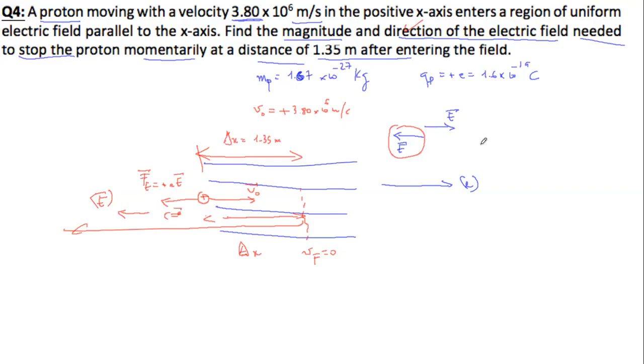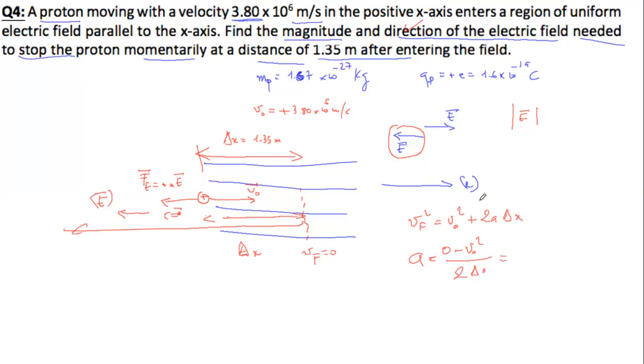Now the question is, what is the magnitude of E? Let's get the acceleration first. Since the electric field is constant, we can use the constant acceleration motion equation: v final squared equals v initial squared plus 2 a delta x, meaning a equals v final squared, which is 0, minus v initial squared, which is v naught squared, divided by 2 delta x.